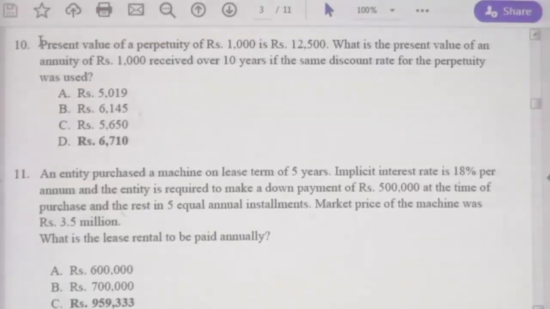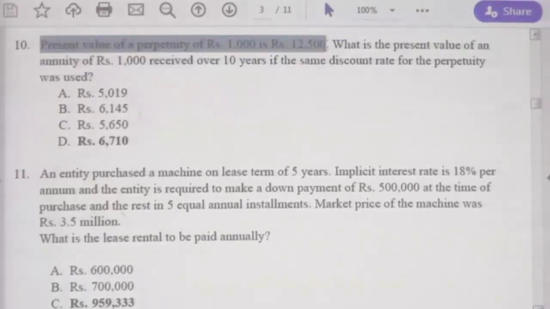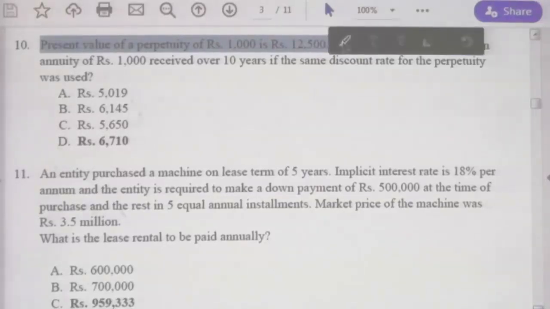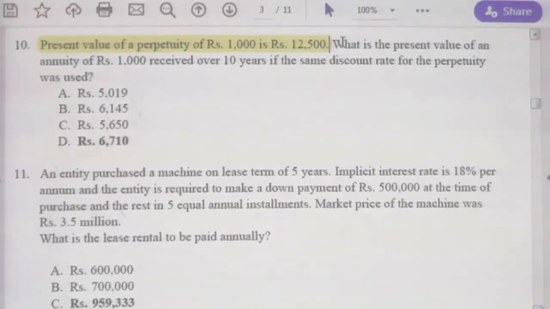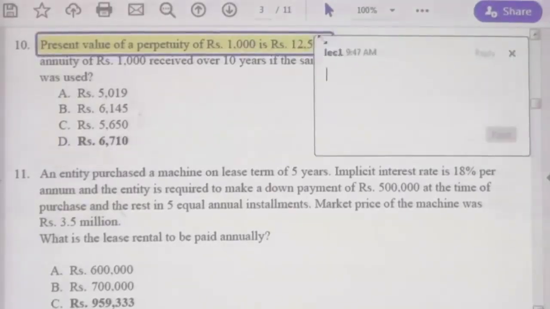Now, this is only one sentence. What is the present value of a perpetuity, that is a 1000 investment made up to infinity? Their present value is 12,500. Therefore, we can calculate like this. Present value of a perpetuity, right?